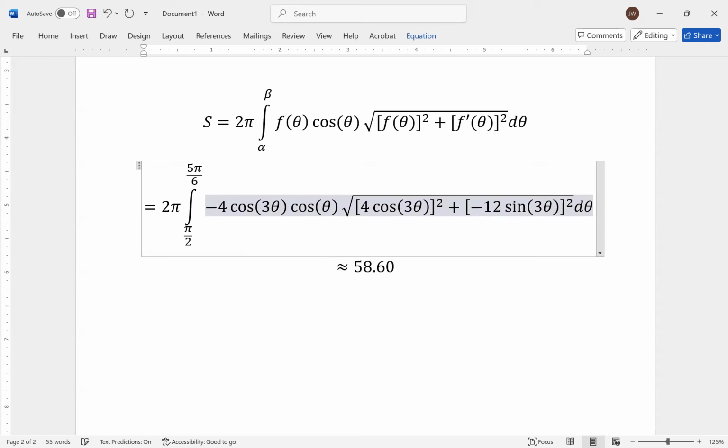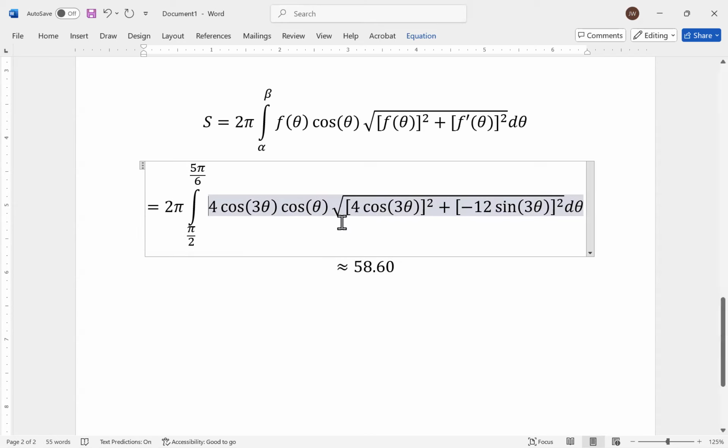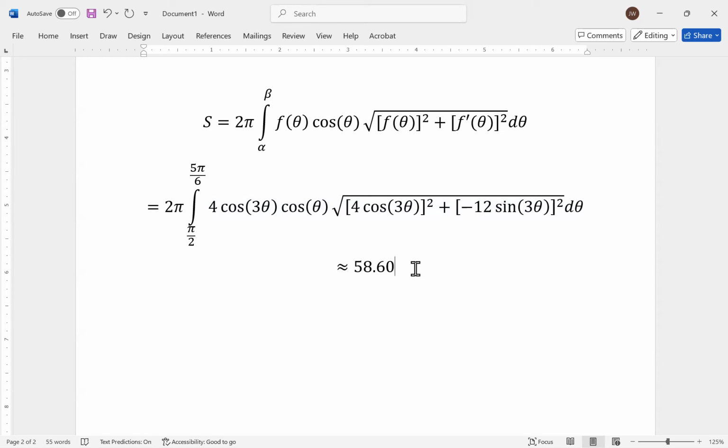And therefore, I should have put technically a negative there. Hopefully, we're all smart enough to see that actually what we should have gotten for a surface area was a positive 58.60, which again, I don't know if that's a really nice or a messy looking exact value. When I divided by pi, it didn't give me anything interesting, but there you go.